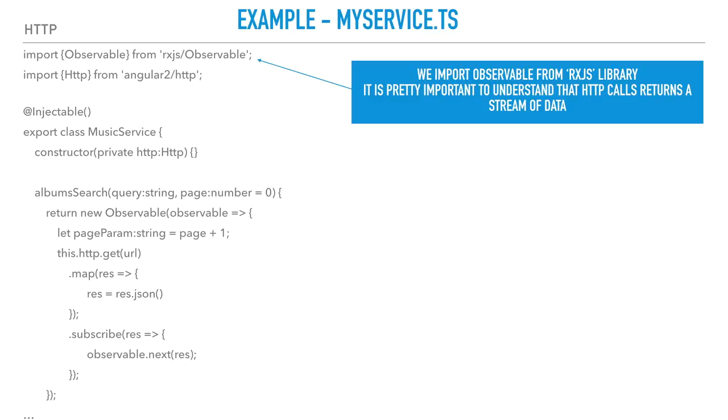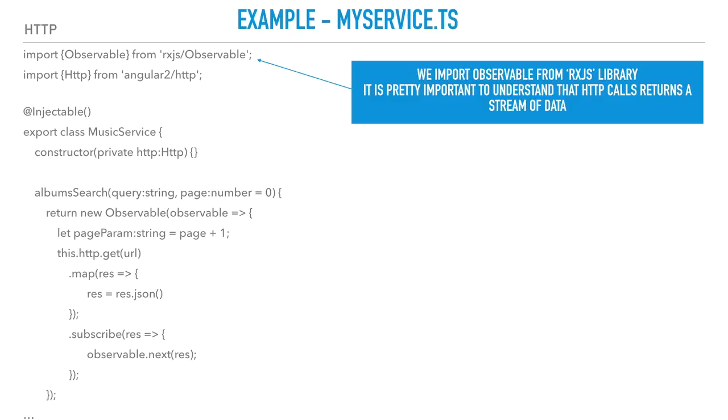This is an example of how we should create a service that makes an HTTP call to a server. If we take a look here, we can see that we are importing the observable from the RxJS library.